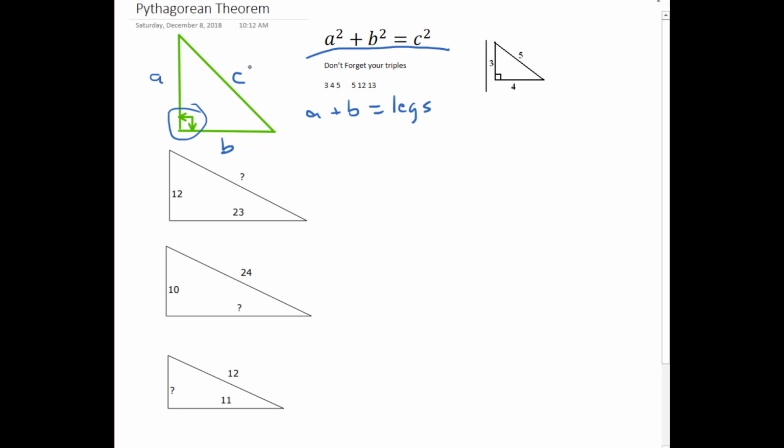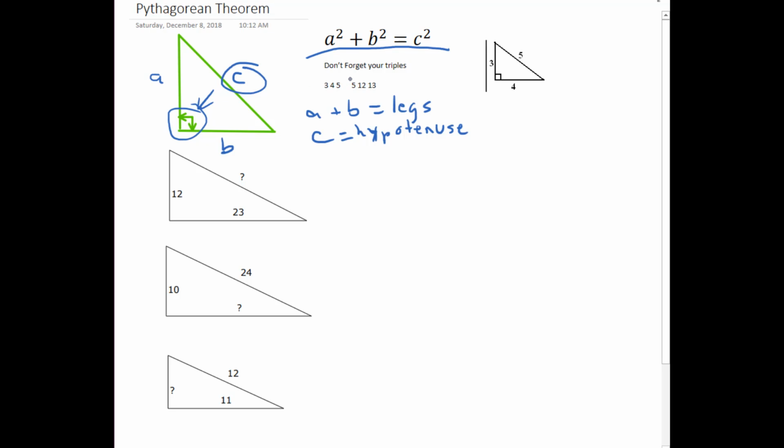What's most important is knowing C. C is known as the hypotenuse. That's pretty important to know. C is always the longest side, and it is across from the 90-degree marker. So A and B are the legs, and C is the hypotenuse. It's very important to know where those go.